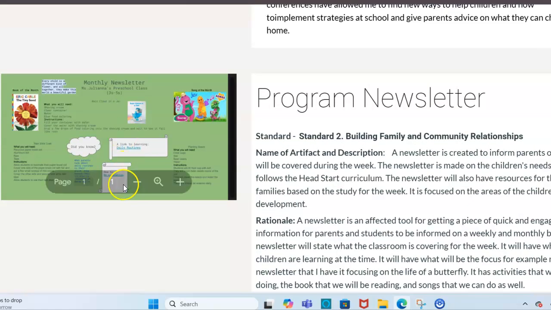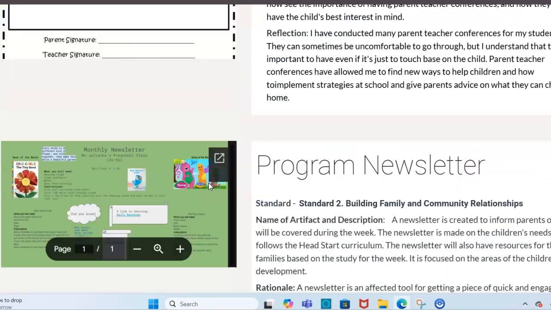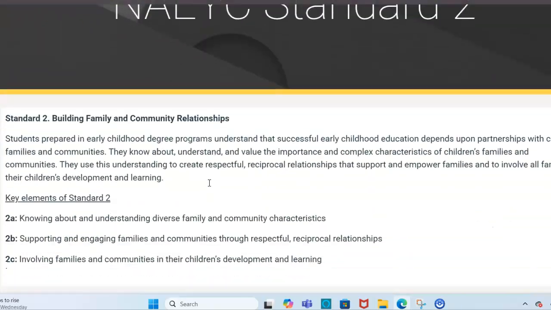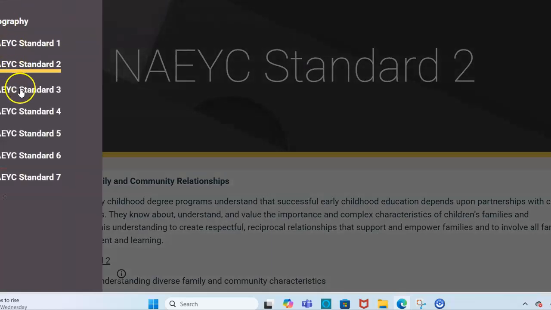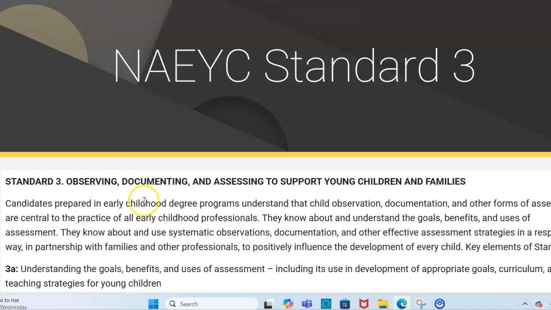I do love the fact that you used a program newsletter. That was very helpful. And that you had one artifact for each component.